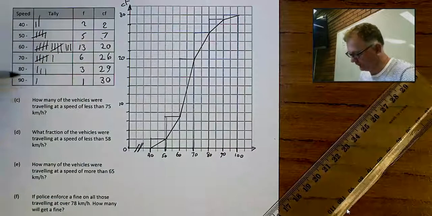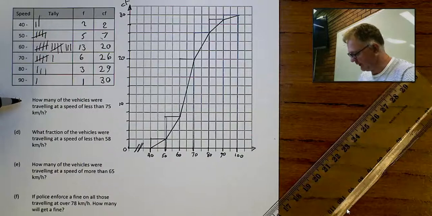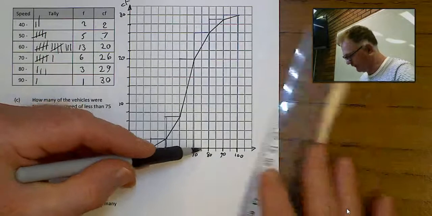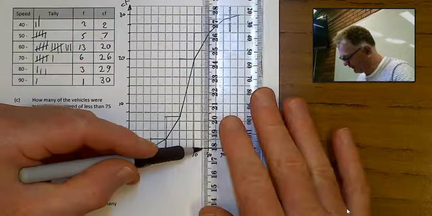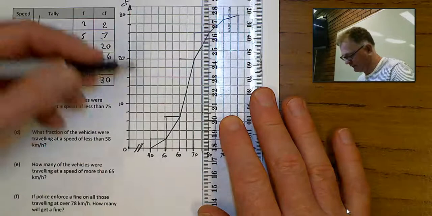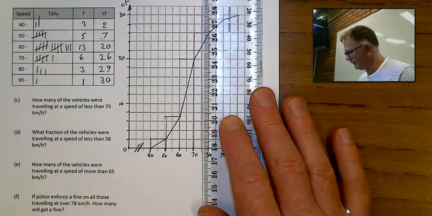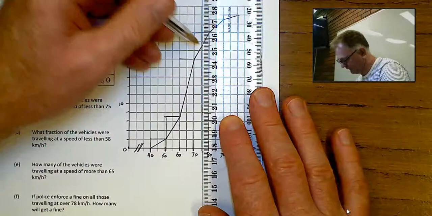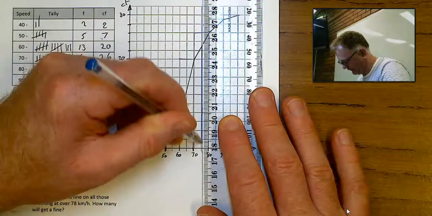Now to answer some questions. How many of the vehicles were travelling at a speed of less than 75? You can do that on your graph by going up to 75, going up to your graph and going along. I might just put these on here in blue pen.